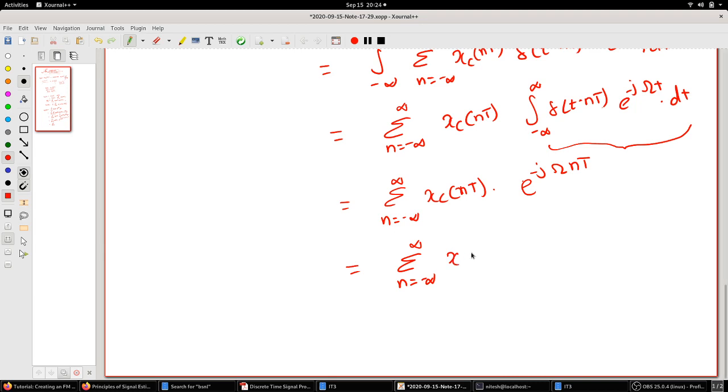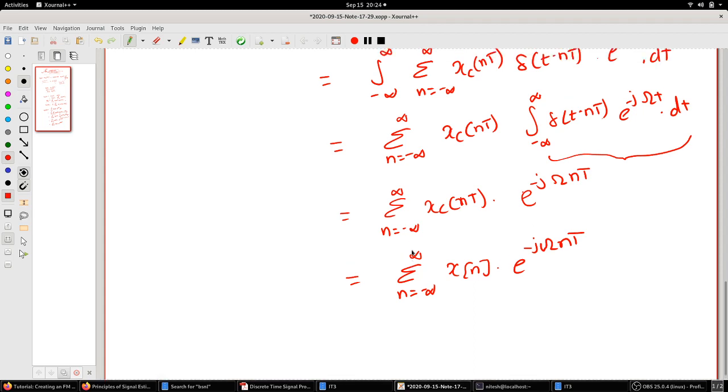So this will be summation n equal to minus infinity to infinity x of n into e raised to minus j omega nT. This is what I get. If you look at it closely, this is equal to xs of j omega.